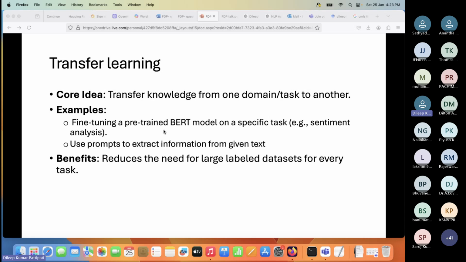So one of the benefits that I want to tell you is it reduces the need for large labeled data sets. Previously, even though deep learning was in existence before the transfer learning idea came into existence, creation of data sets was a huge problem. Not everyone can afford to keep manual annotators and label the data.